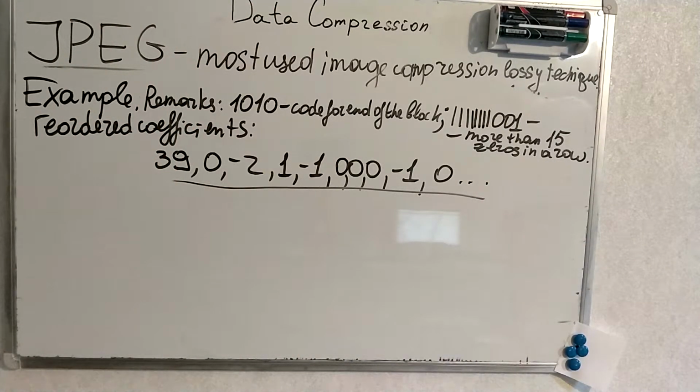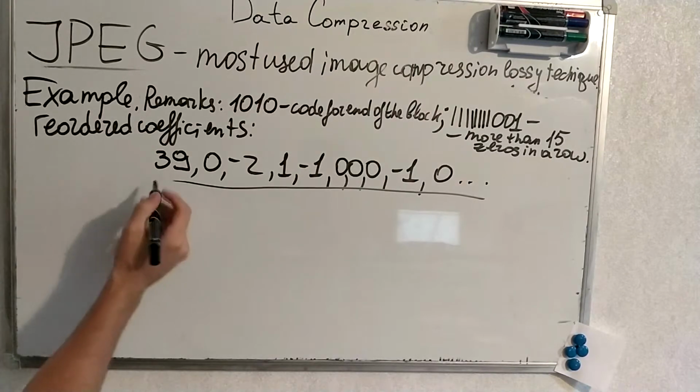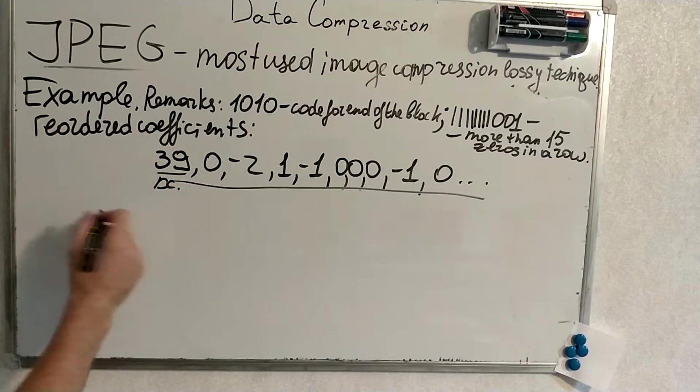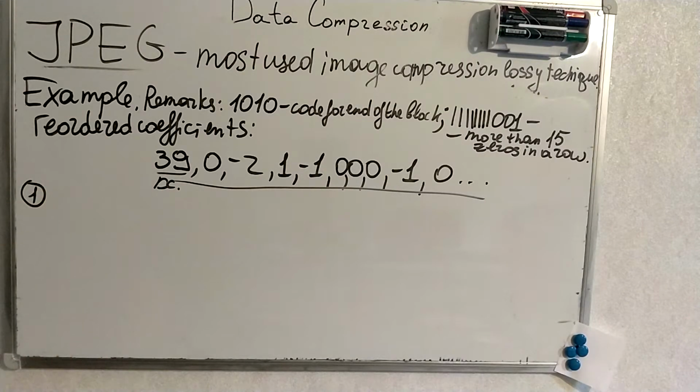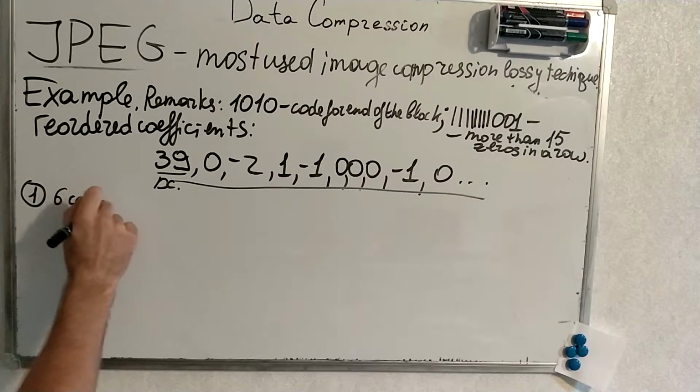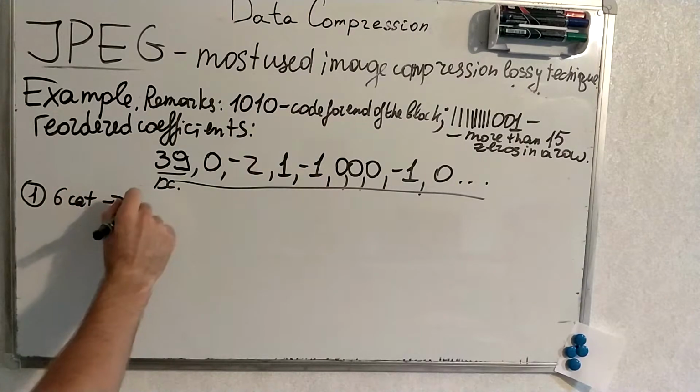So, first of all, we have to understand that this is the DC coefficient, right? To which category does this number fit? It is inside 32 to 63, right? It's category 6, and we know the code for it, 1110.